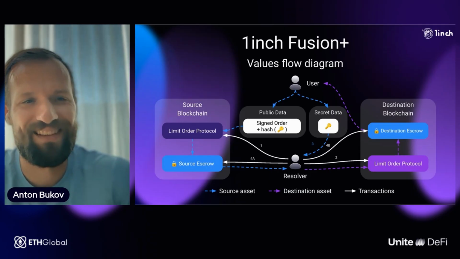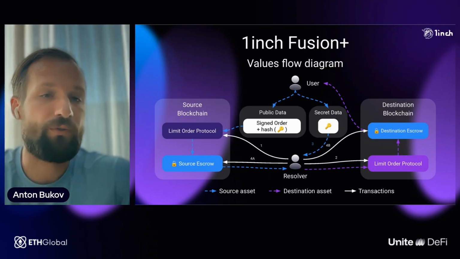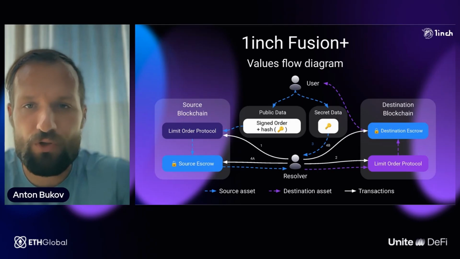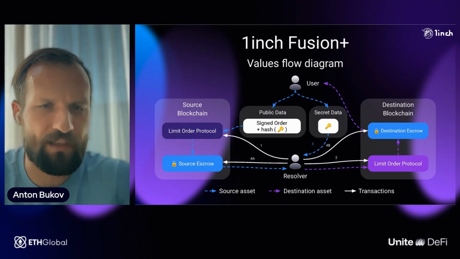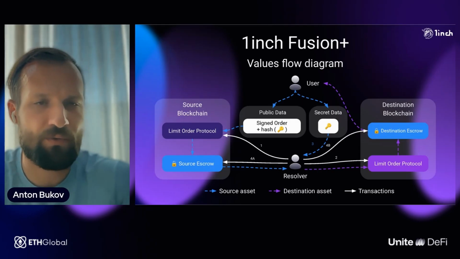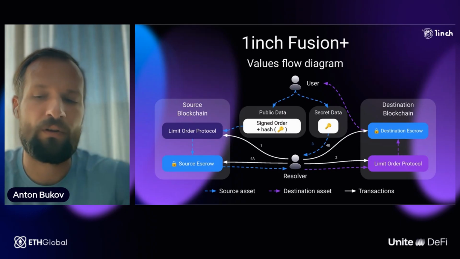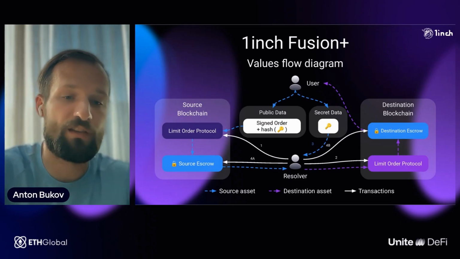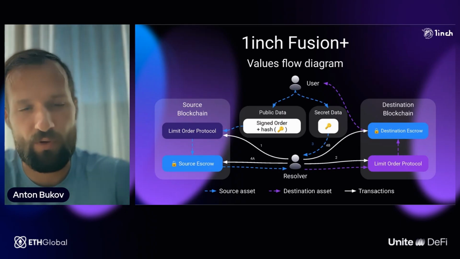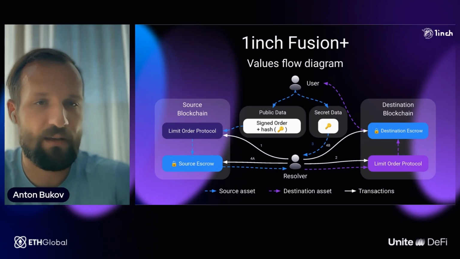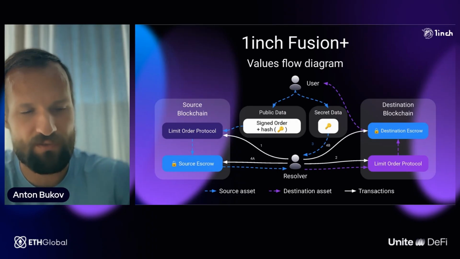But the thing is that all those source blockchains and destination blockchains, you could see the limit order protocol and escrow there. That's how it looks for some chains, or maybe most of the chains. But some chains like Bitcoin, for example, do not have any smart contract functionality. Their nature is a bit different.